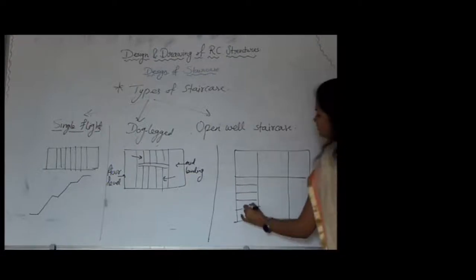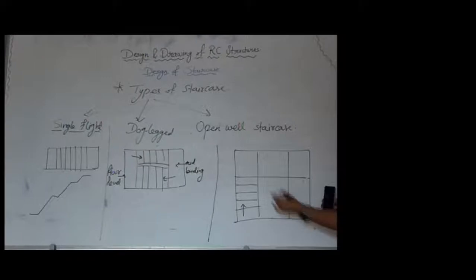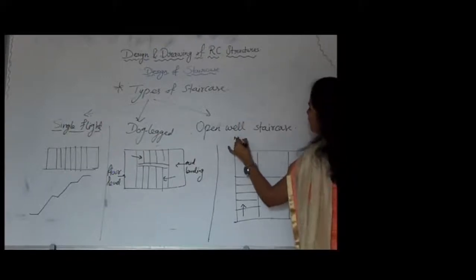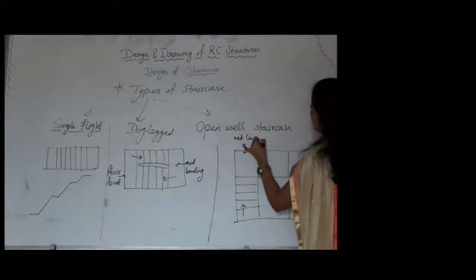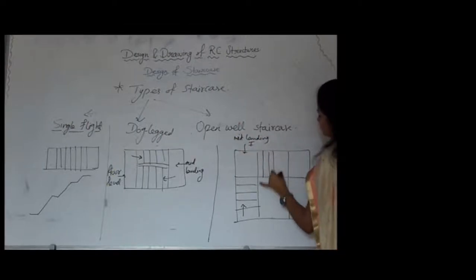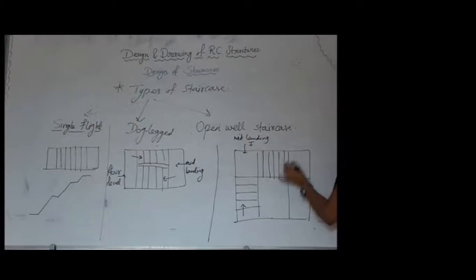Flight number 1, then here comes mid landing 1, flight number 2, then we reach mid landing 2. From here again the flight starts, which is nothing but flight number 3.